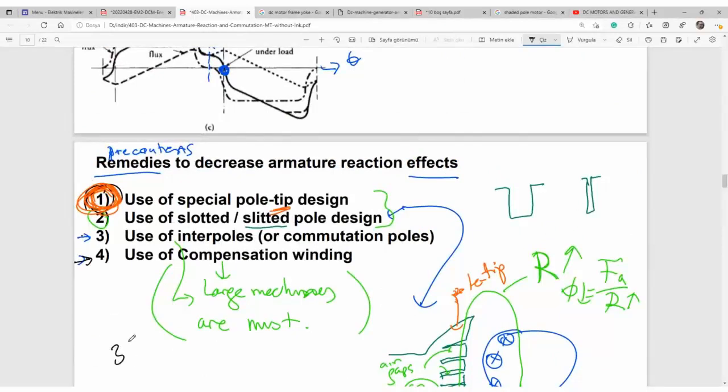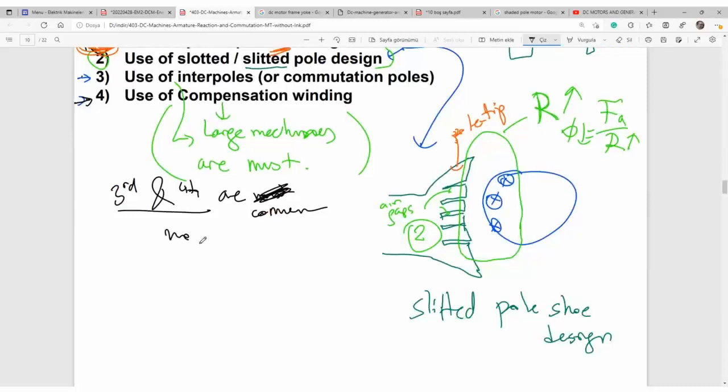Third and fourth are common methods today.